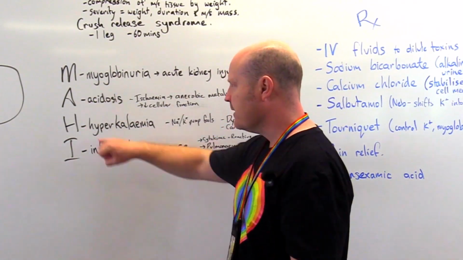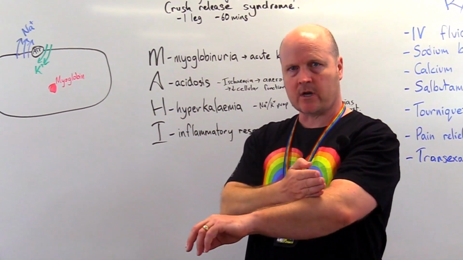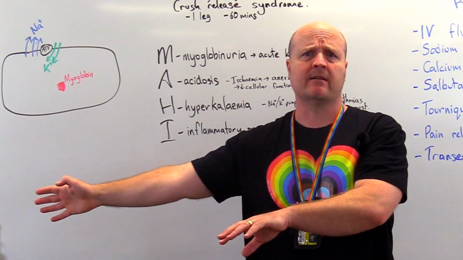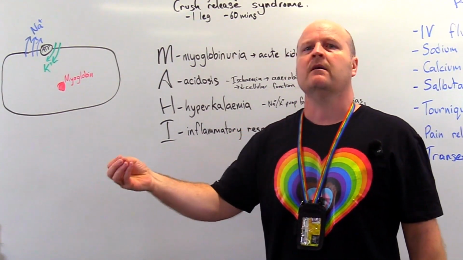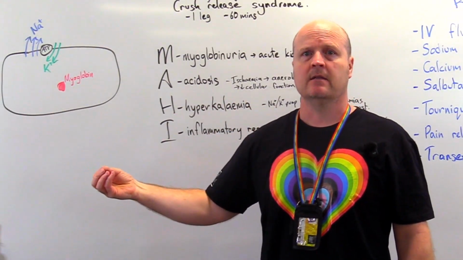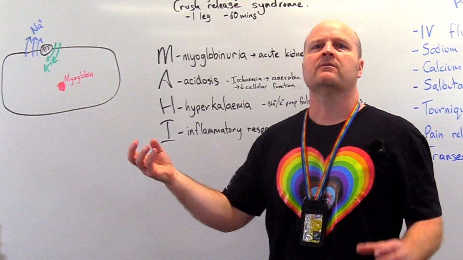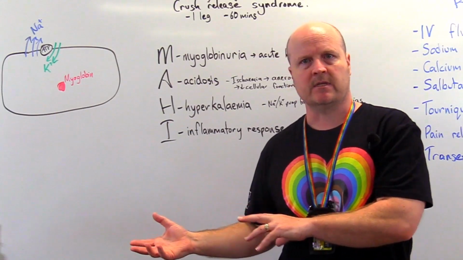Then A, acidosis. When we have that crush injury, we're going to get ischemia, so decreased blood flow beyond the crush. If we've got ischemia, that's going to lead to hypoxia, and if we don't have enough oxygen to our cells, then we can't do that beautiful aerobic metabolism. So we switch to anaerobic metabolism.